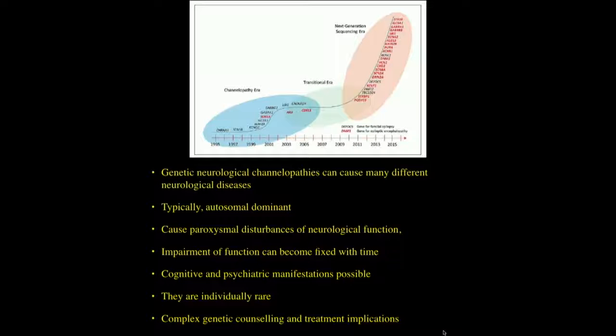For example, we know we should never use a sodium channel blocker in a patient with SCN1A because we know that they can worsen, and this has been described. But then in another channelopathy with a similar effect, the same medication may work. So we are very far from understanding the real mechanisms, the basis of these disorders.